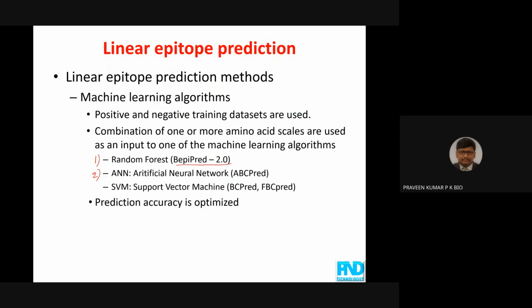We also find the ABCpred tool. All these tools I showed here are present in IEDB, the Immune Epitope Database. These are the machine learning algorithms, ANN, SVM, etc., for predicting linear epitopes of B cell.